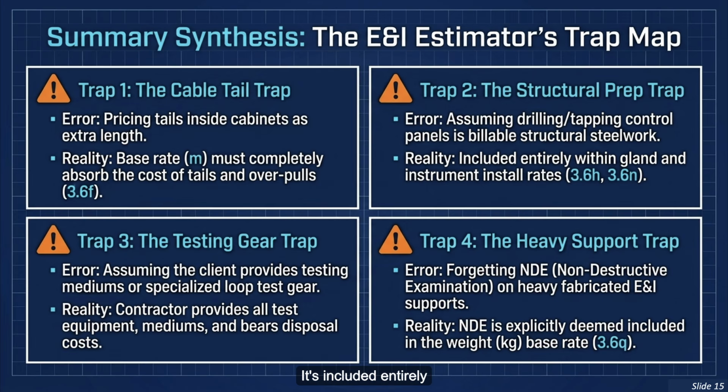It's included entirely within your gland rates. Trap 3 is the testing gear trap. Assuming the client provides testing mediums will cost you dearly. And trap 4 is the heavy support trap, forgetting that non-destructive examination is explicitly deemed included in the per kilogram base rate for heavy fabricated supports. Avoiding these 4 traps alone protects a highly significant chunk of your margin.